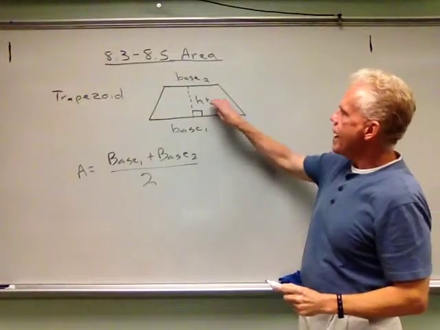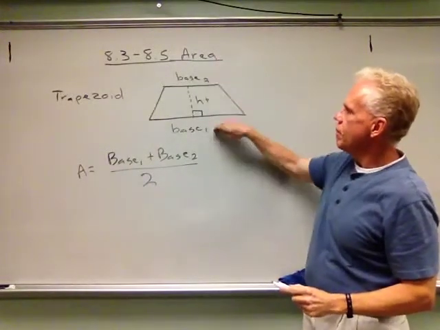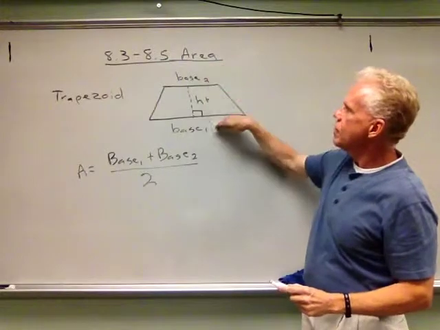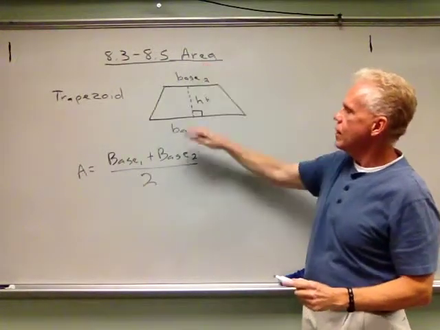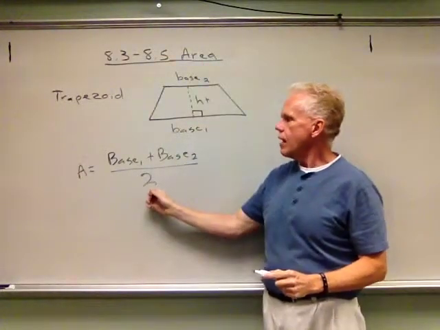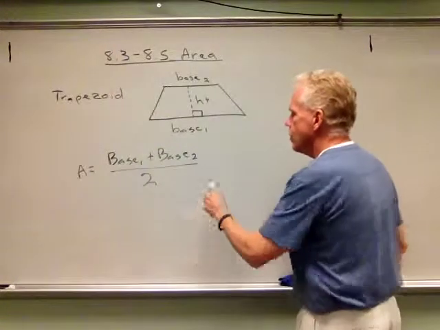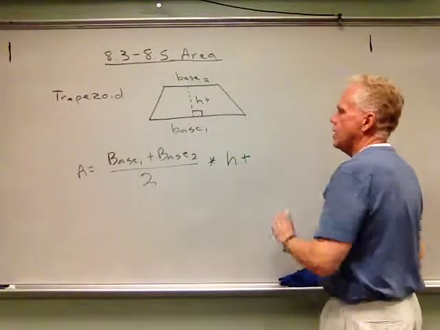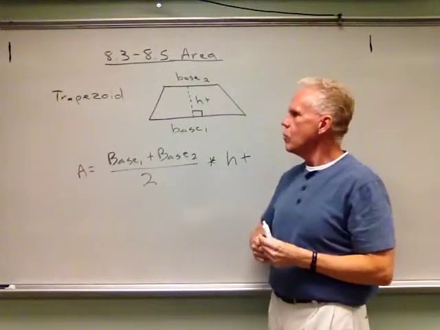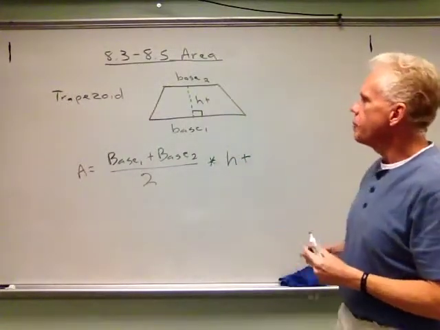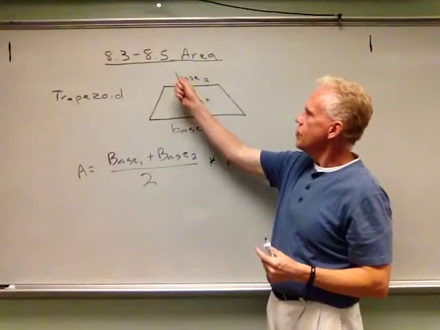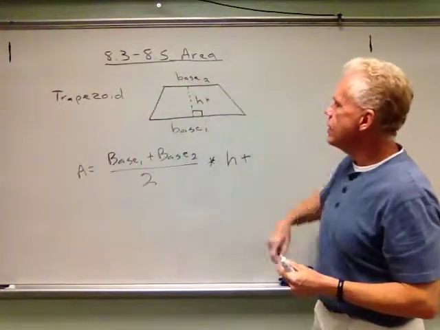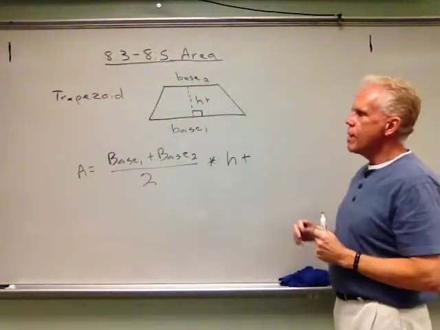So if you were to take the average of the top and the bottom, if you were to add base 1 and base 2 together, divided by 2, you're going to have a piece of the formula. But then you're going to take that answer and multiply it times the height. Okay, a little bit more tricky formula, but base 1 plus base 2 divided by 2 multiplied by the height is going to give me that area of that trapezoid.